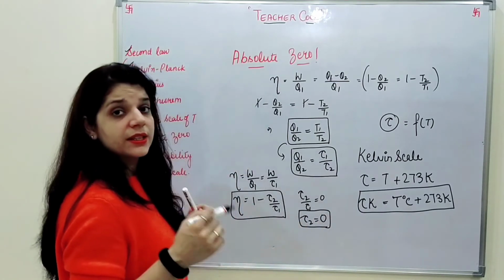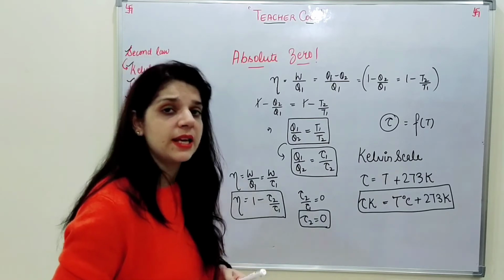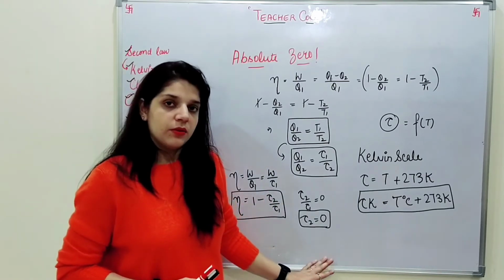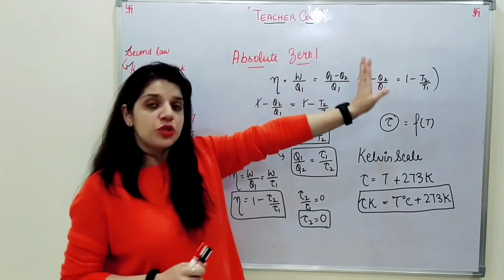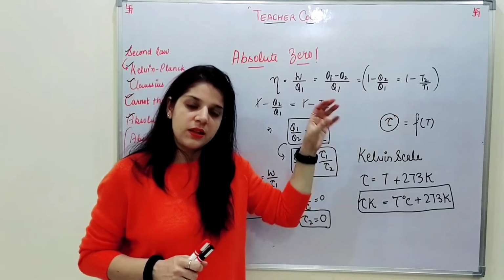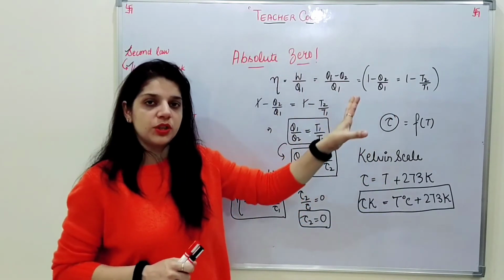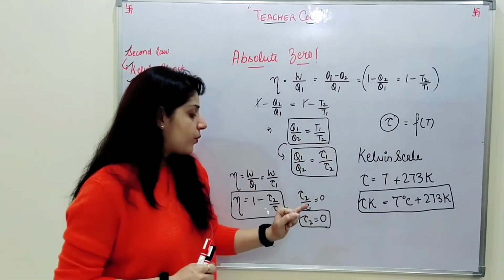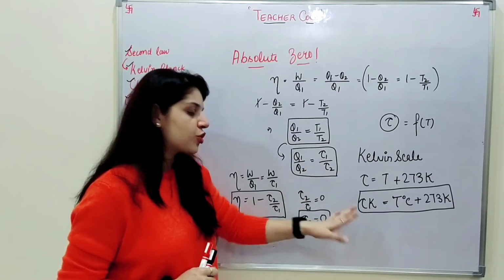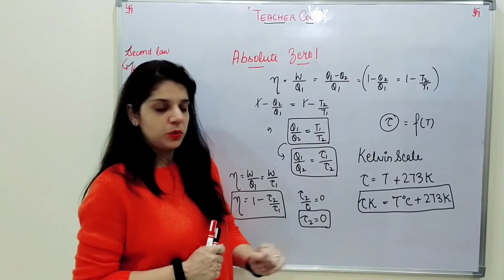That means the temperature of the sink is 0 Kelvin, which is known as the absolute zero, because this is the absolute scale. So in this scale, 0 degrees will be absolute zero, and for the efficiency to be 1, the sink's temperature should come down to absolute zero.